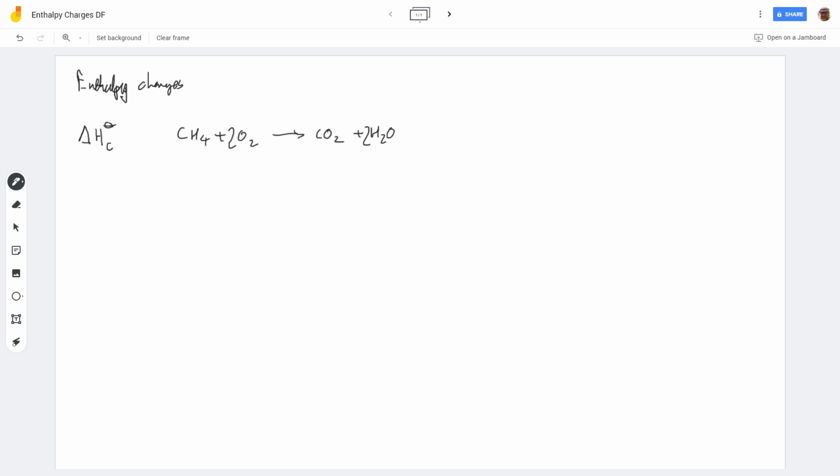This is at standard conditions, so that would be a gas, that would be a gas, that would be a gas, and that would be a liquid at standard conditions. So this standard conditions thing is important. So just put this up here.